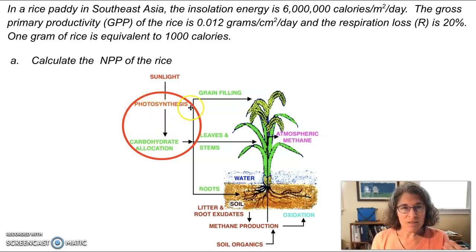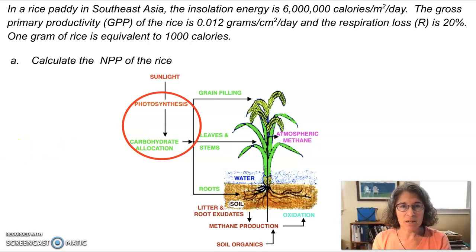We know that even though the plant is taking in sunlight, some of that energy that it captures chemically, so sunlight turning into chemical energy, is going to be lost to the process of respiration. Remember, all organisms respire. Primary producers can both photosynthesize and respire. So we want to figure out how much is actually left over after respiration loss.